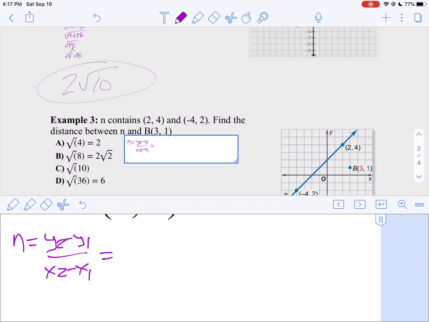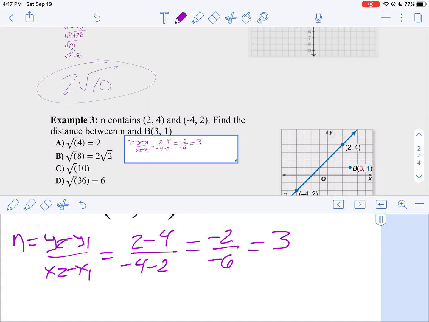So we're going to say 2 minus 4 over -4 minus 2. Subtract the y's over subtract the x's. 2 minus 4 is -2. -4 minus 2 is -6. A negative divided by a negative is a positive.